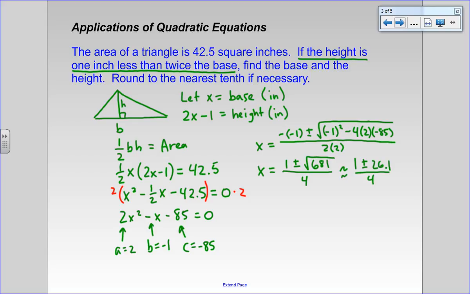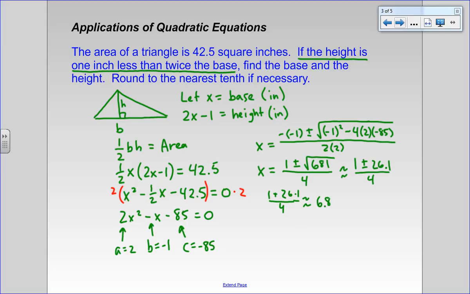Note that one of those solutions, if we used 1 minus 26.1 in the numerator, would be negative. That's an unreasonable value for the base of this triangle, so we can focus on the positive solution. 1 plus 26.1 over 4 is approximately equal to 6.8.